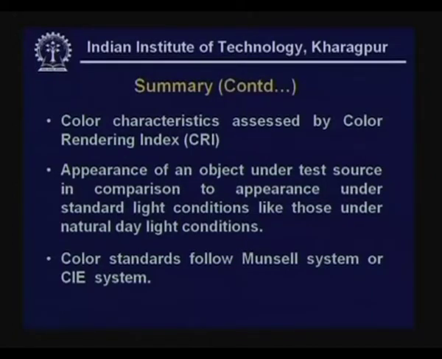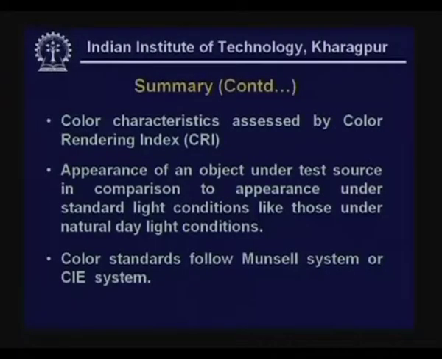Although natural daylight would be preferable, it may be all right to have a radiator of this kind based on the color temperature.